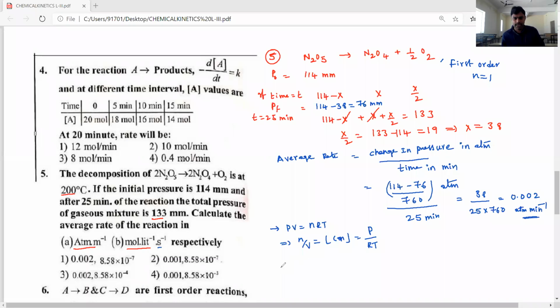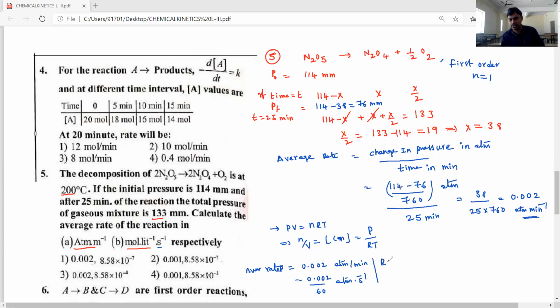Now for this case, the average rate in terms of pressure is equal to 0.002 atmosphere by minute, which is nothing but 0.002 by 60 atmosphere second inverse.